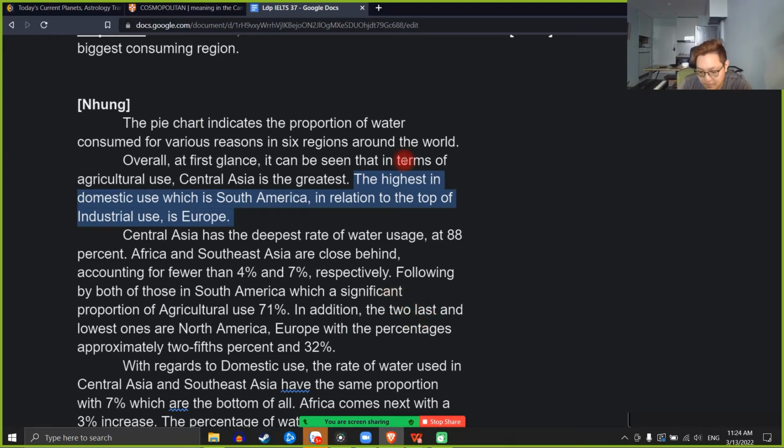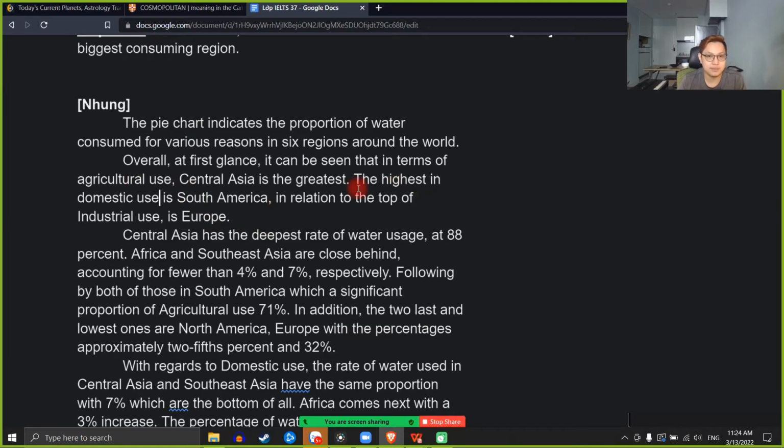Em nói về ba cái cao nhất là cái agriculture use là Central Asia là cao nhất, còn domestic use thì South America là cao nhất, còn cái industrial use là Europe. So you mean South America has the biggest domestic use and Europe has the biggest, largest industrial use, I see.